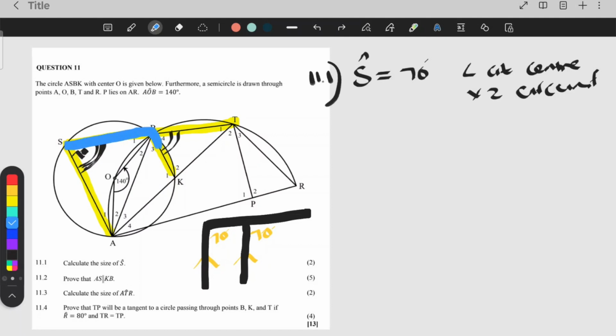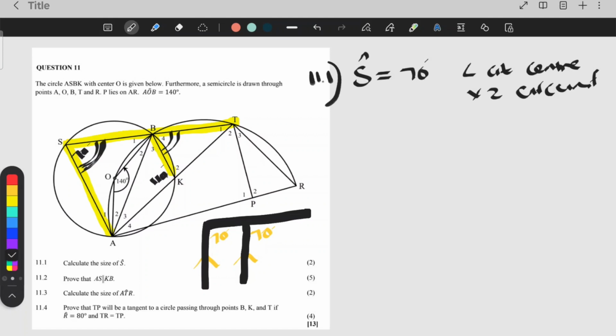So over here we have a cyclic quad. And we know the opposite angles of a cyclic quad add up to 180. So if this is 70, then this angle here is 110.